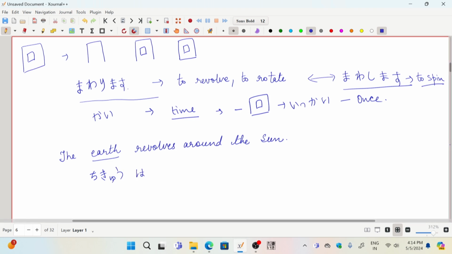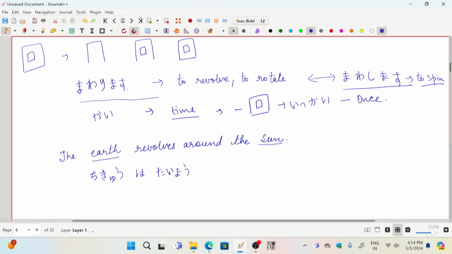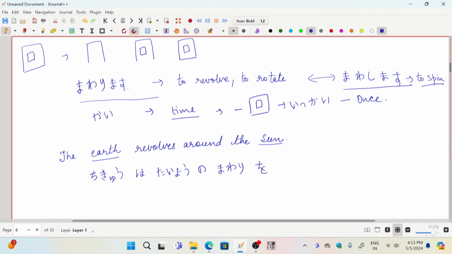Sun will be called taiyo. Sun here is the planet. So taiyo is for the planet sun. Taiyo no mawari o mawarimasu. Mawari is again around. Chikyu wa taiyo no mawari o mawarimasu.